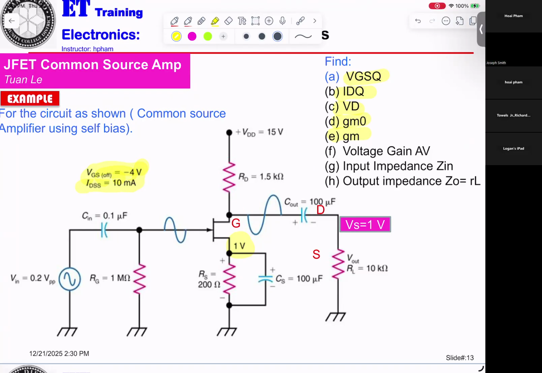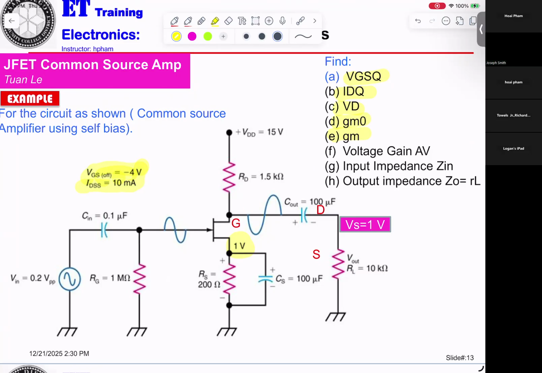Now, in general, you know input impedance, right? What is the input impedance? 1 megohm, correct. What is the output impedance? RD in parallel with RL. Perfect.